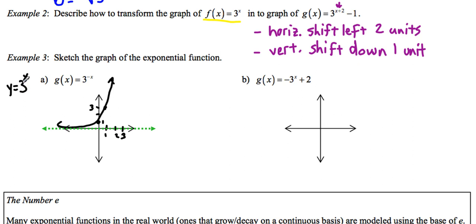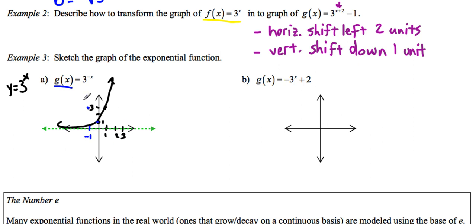Okay, so now if we want to go from 3 to the x to 3 to the negative x, that negative in there is directly affecting our x, so that's going to be a reflection over the y-axis. So our new function, g of x, is in blue. Just imagine that we're going to reflect over the y-axis. So this point 1, 3 is going to become negative 1, 3.